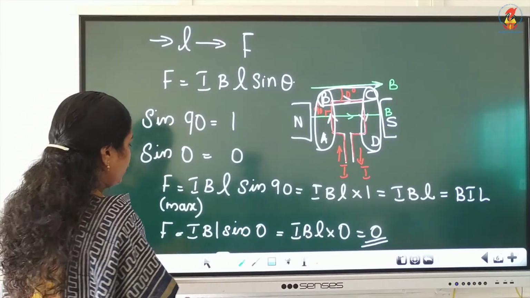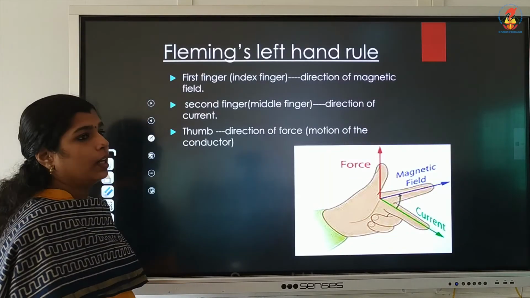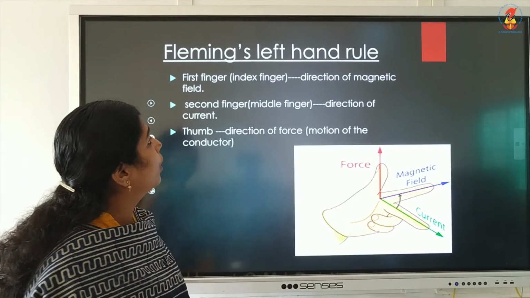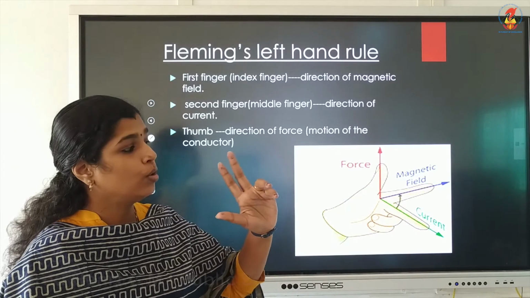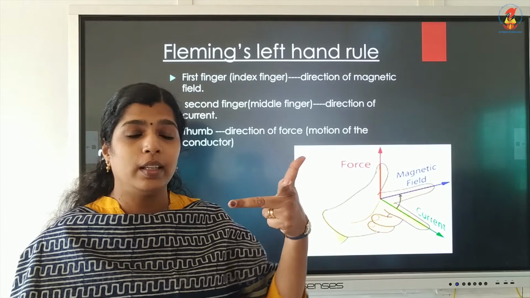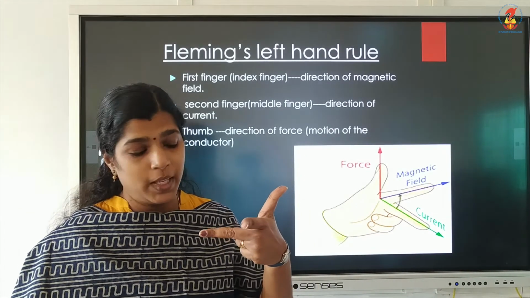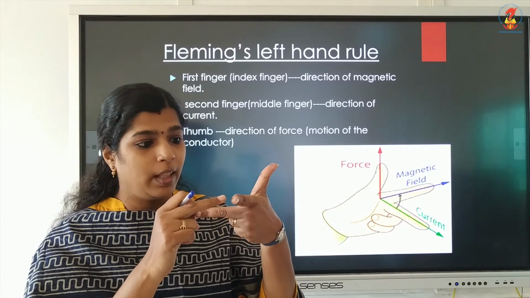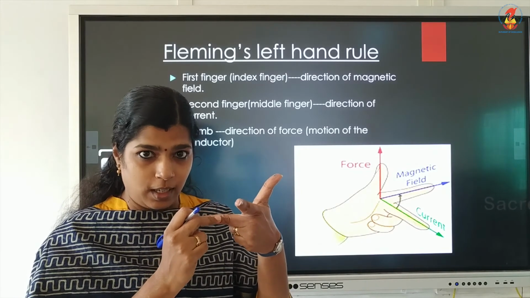Now, we need to find the direction of force, in which direction the force is acting. That we can find out by using Fleming's left hand rule. So, stretch the three fingers of your left hand in such a way that they are mutually perpendicular to each other. Means the angle between the forefinger and the middle finger is 90 degree.